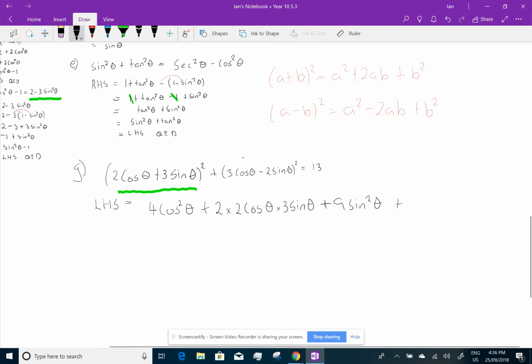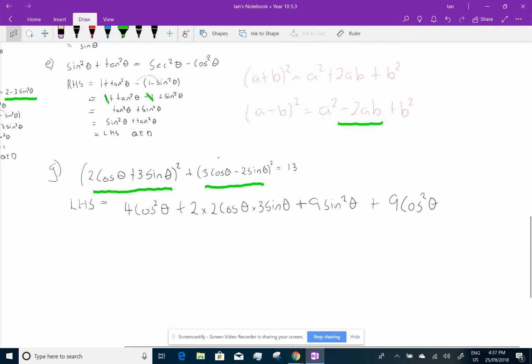Now, I'm going to do the same thing here, but remember, I've got minus 2 times the middle. So the first thing squared is 9 cos squared theta, the 3 squared and the cos squared.